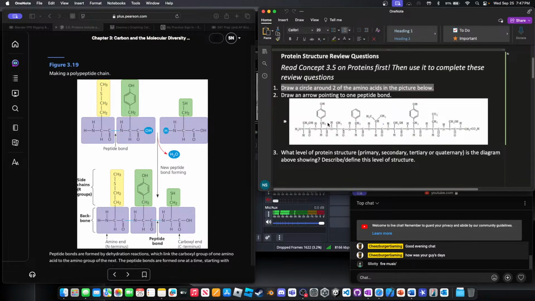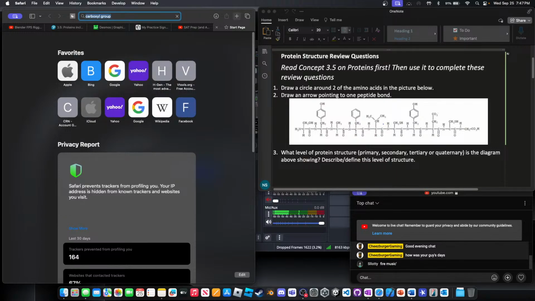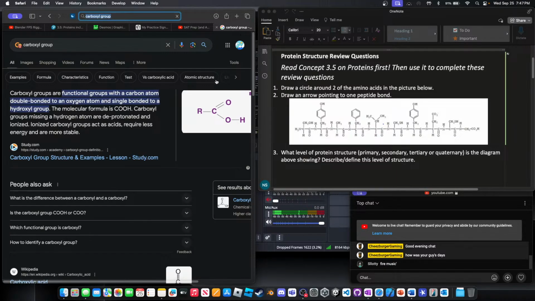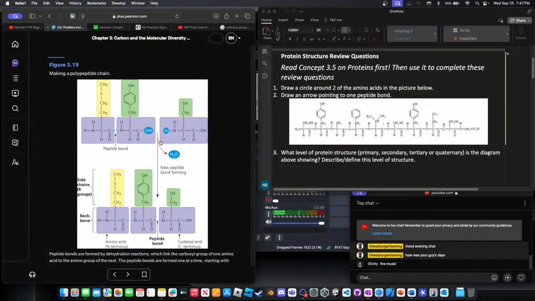So one carboxyl group is connected by carboxyl groups, right? Carboxyl groups, I forgot. Carbon double bonded to an oxygen atom. Okay, so it's oxygen double bonded to carbon with an OH.